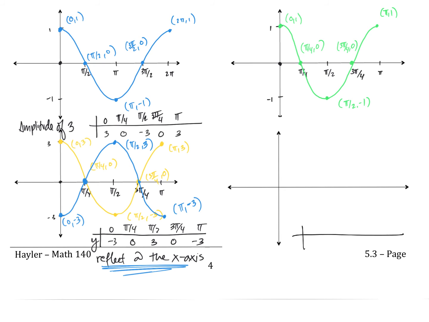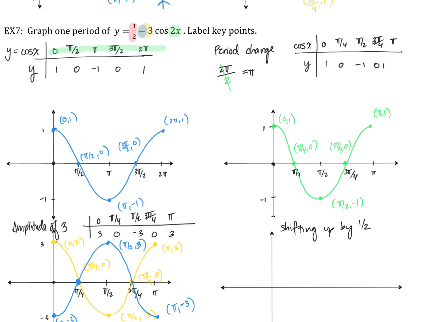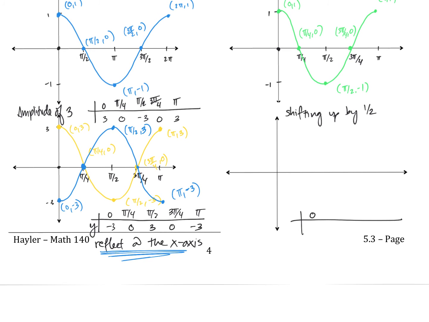And what did we say the transformation was doing? It's going to be shifting up by 1/2. There we have the half right there, shifting up by 1/2. Okay, so that doesn't change our pi values. That's just going to change our y values, as I said earlier.